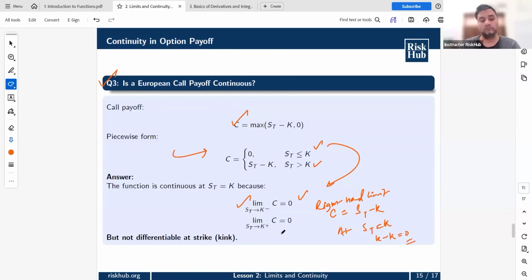So limit S_T tends to K from below, C is equal to 0. Limit S_T tends to K from above, C is equal to 0. So C(K) is equal to 0.